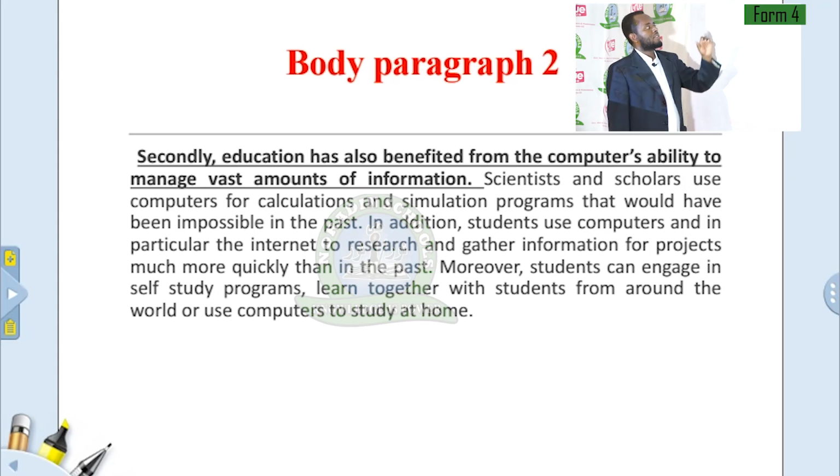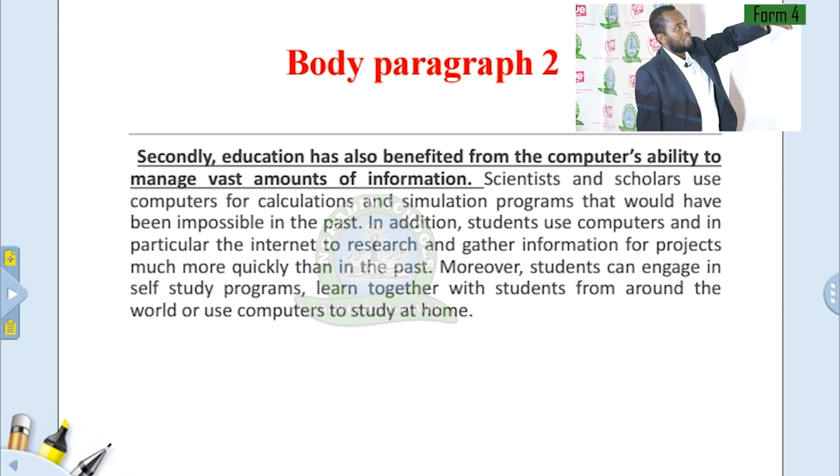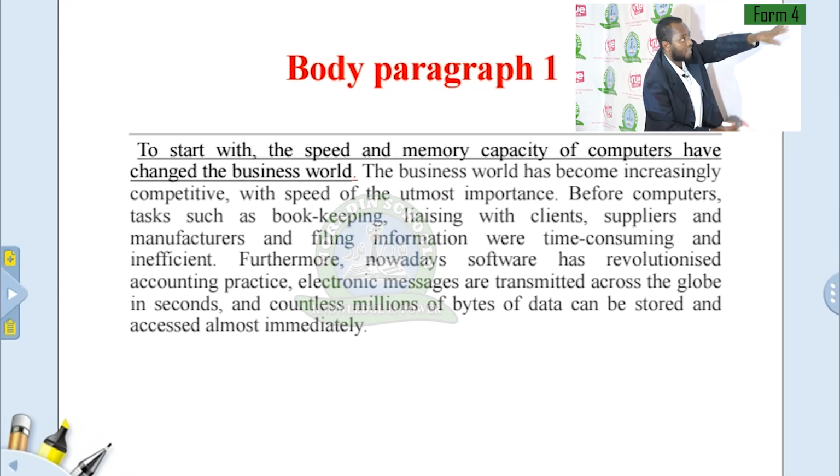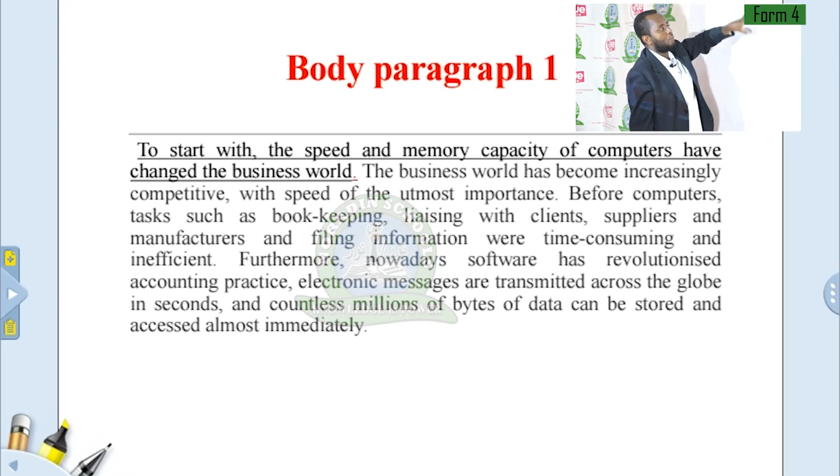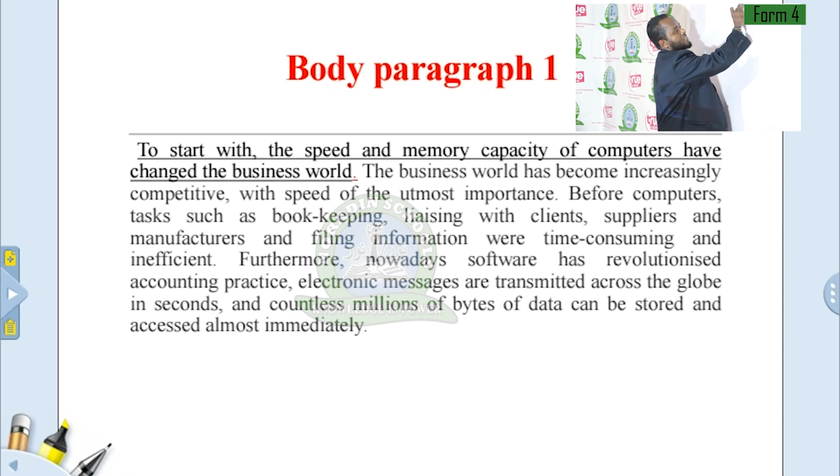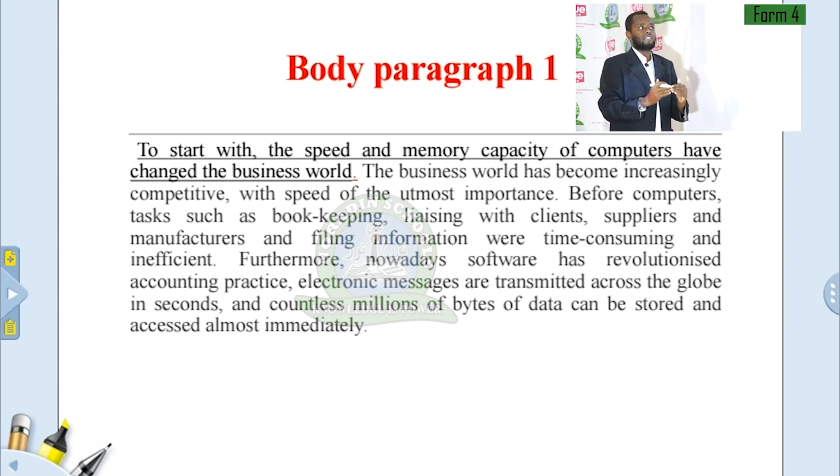Second paragraph. Secondly, education has also benefited. This has a different idea from our body paragraph 1. In body paragraph 1, this is the topic sentence, because every paragraph has a topic sentence that tells us the main idea of the paragraph.